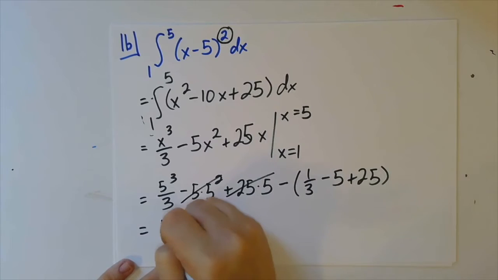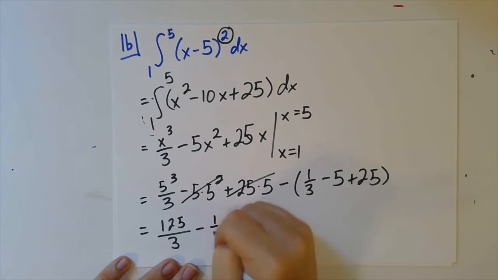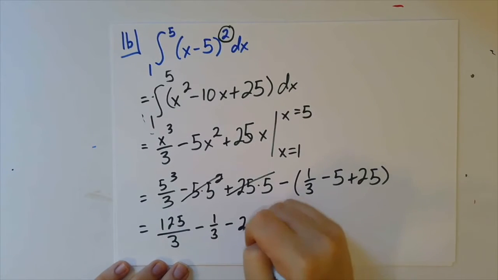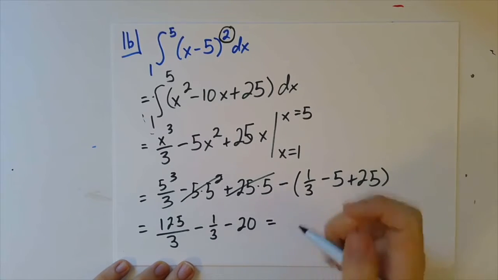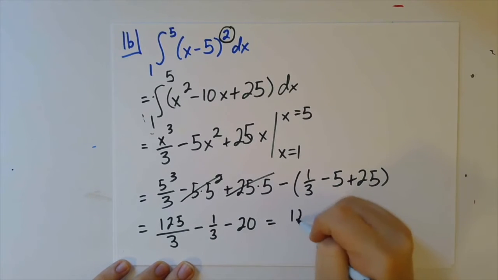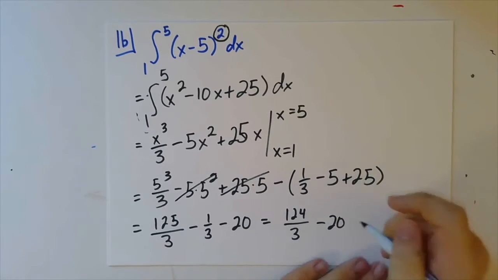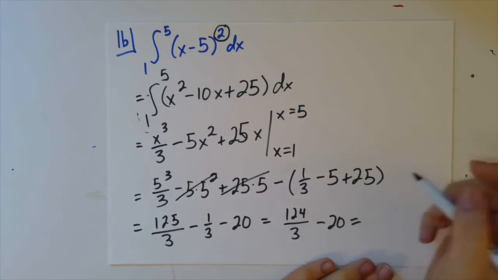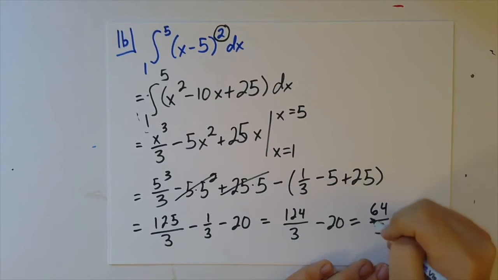Okay, so this is 125 over 3 minus 1/3 and then minus 20. Okay, so if I go ahead and combine those, that's 124 over 3 minus 20. 20 is 60/3, so this will end up being 64 over 3.